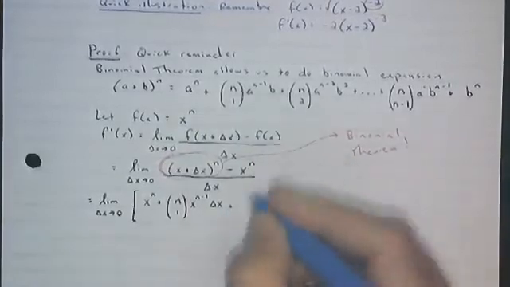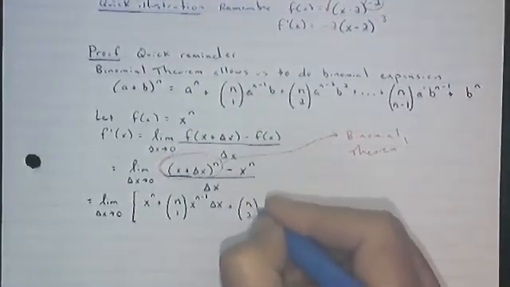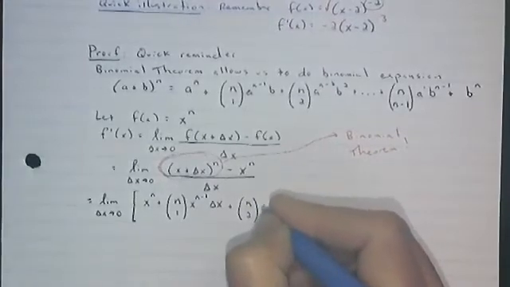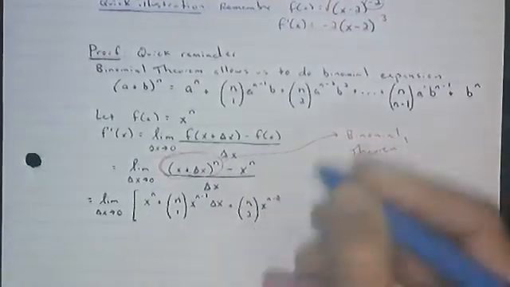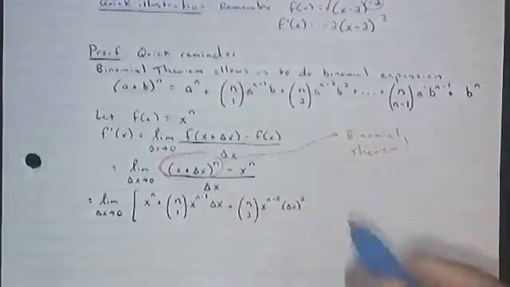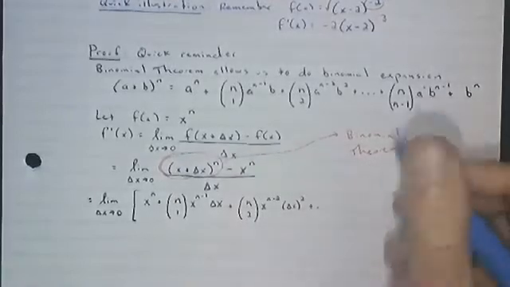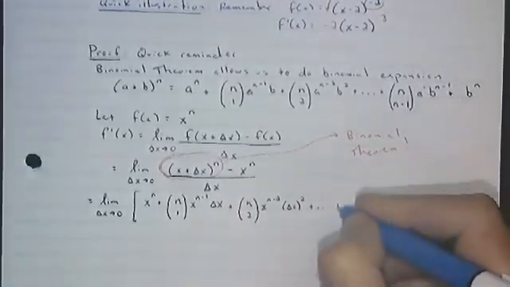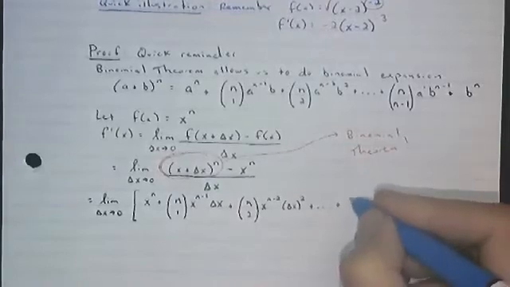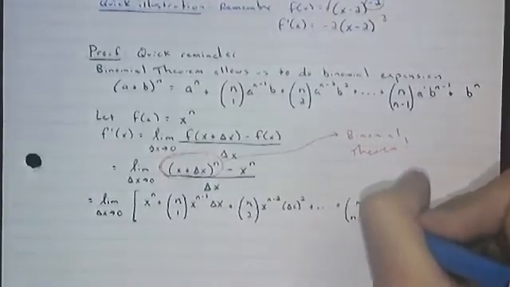Plus n choose 2, x to the n minus 2, delta x squared. Magical dots, plus n choose n minus 1.